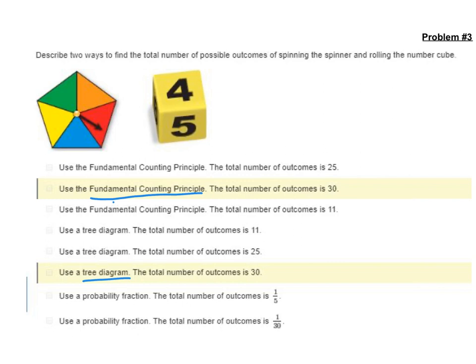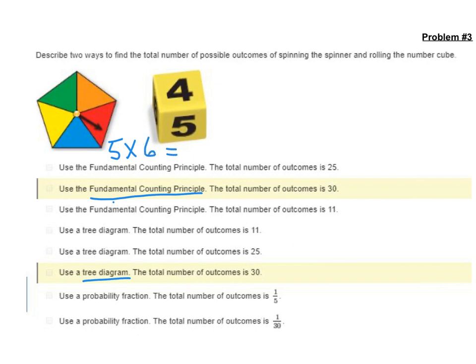So I'm going to take the number of individual outcomes just on this spinner, which is five, and multiply it by the number of outcomes on this die. There are 6 possible outcomes.